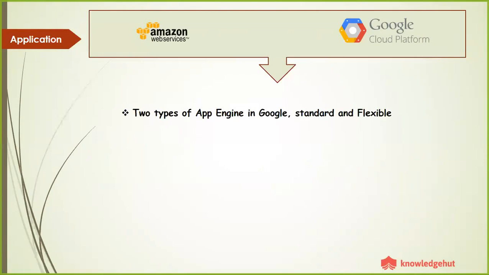On the application front, Google has two types of App Engine, standard and flexible. Remember, the standard one is the same which they launched in year 2008. AWS Beanstalk is the same category offering from Amazon, which is more similar to App Engine Flexible of Google.